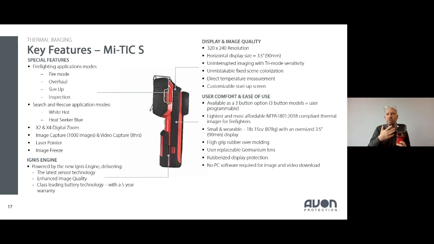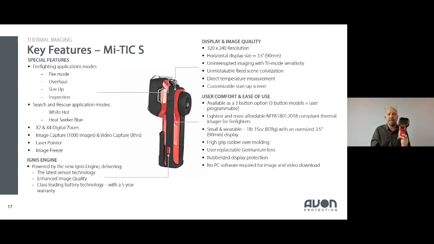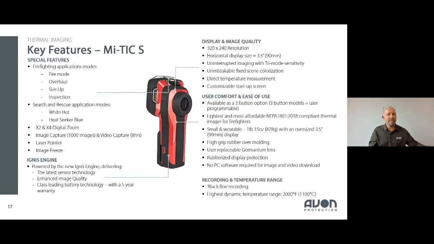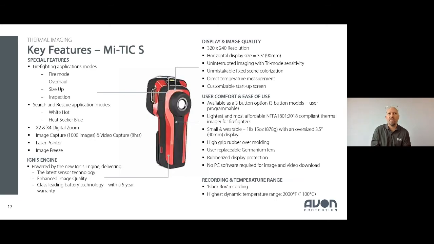Even the user instructions are embedded on the camera, so when you plug this into your USB slot on your laptop or your PC, you can see all of the data on the camera, including the user manual and also the warranty as well. And then finally, the MyTIC S offers the highest dynamic range, as we described before, up to 1100 degrees.